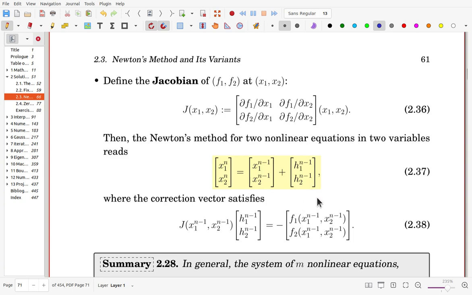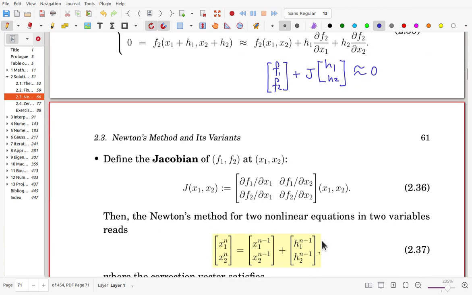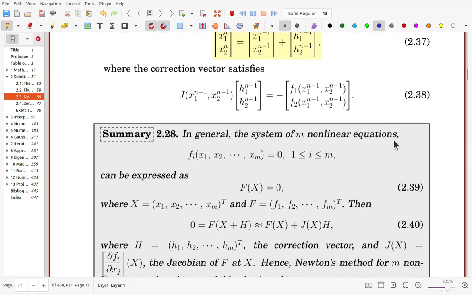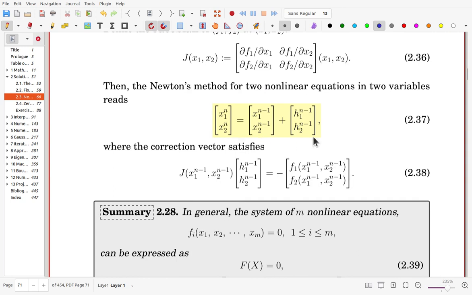But the correction vector is a solution of the Jacobian times the correction vector equal to minus the function values. So that is exactly here. After moving to the right side, we have minus the function value. So we have to solve this linear system. So that is the Newton method.